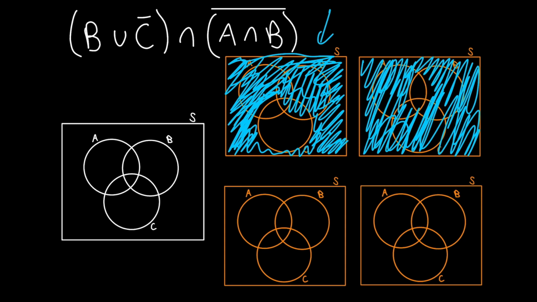Now we need to find the intersection of these two sets. So basically we're looking for what's in common. What's in this set and what's in this set. So we notice that in this set over here, we have, that's also in this set, we have this outside area.